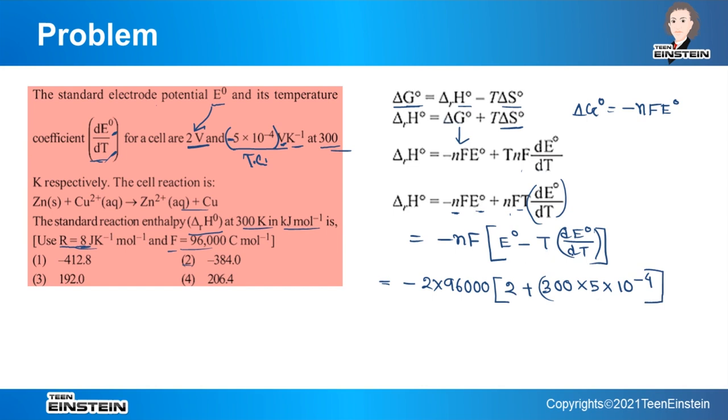So the temperature unit will be cancelled. Ultimately the unit of this quantity is volt, and this is also volt. It is minus 192,000 times 0.15. So ultimately the value will be 412,800, in joule unit.